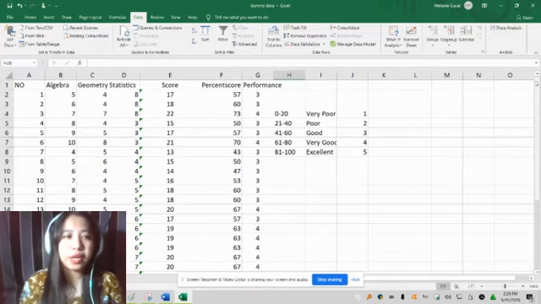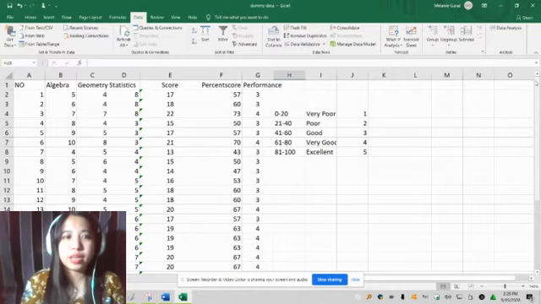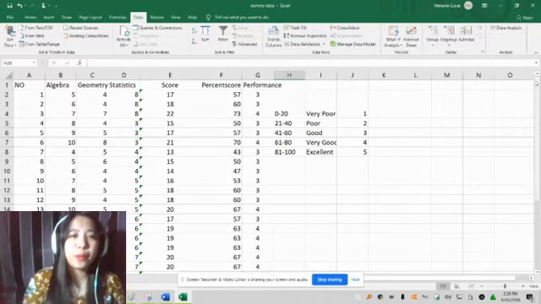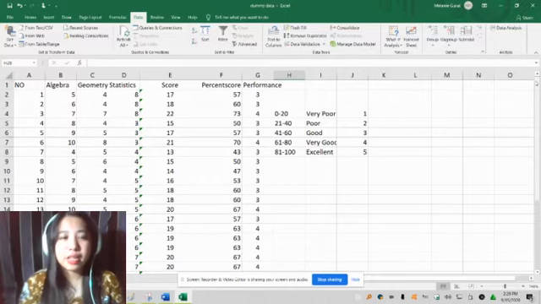Of course, if you're going to answer also items for the performance, for instance, in algebra, geometry, and statistics, you also need to come up with the percent score for algebra.